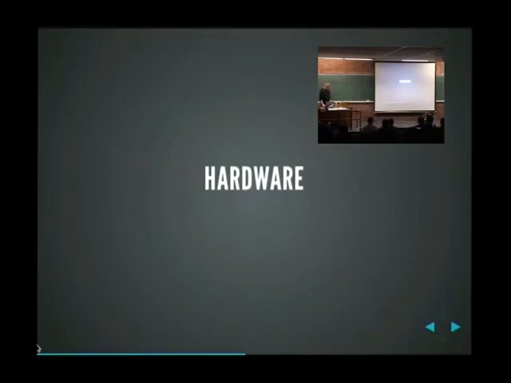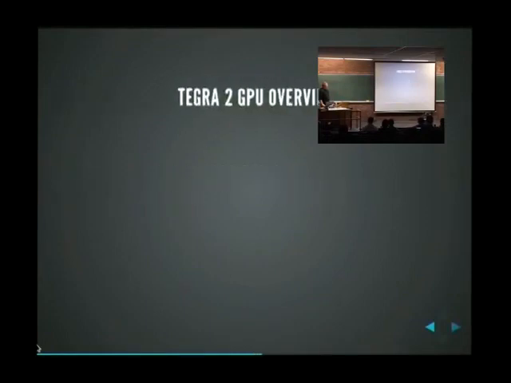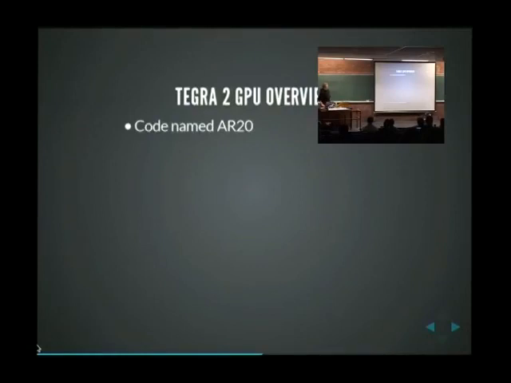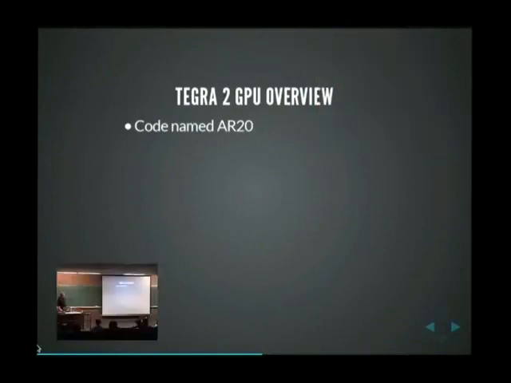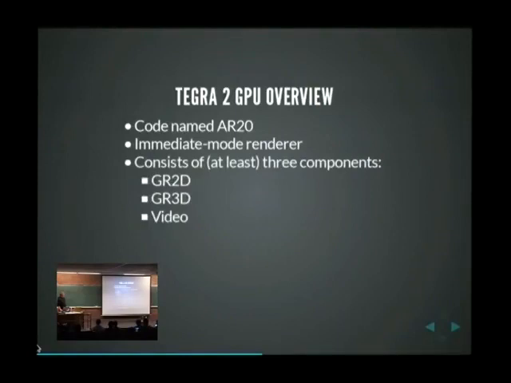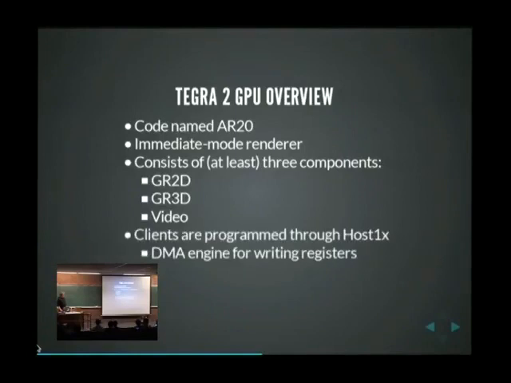So I'll go a little bit into the hardware here. A short overview of the GPU: its codename is AR20 from NVIDIA. I found some traces about that deep down in some code. It's an immediate mode renderer. It consists of at least 3 components: the graphics 2D, the 3D core, and then there's also some kind of video system, encoder or decoder.